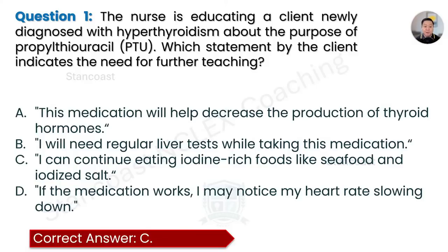By decreasing the thyroid hormone production, PTU can help normalize the metabolic rate, and it can potentially lead to a reduction in the heart rate. So, the correct answer here is letter C. We are looking for that statement that reflects misunderstanding that will require further teaching.